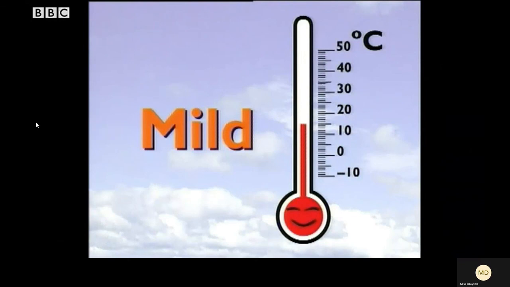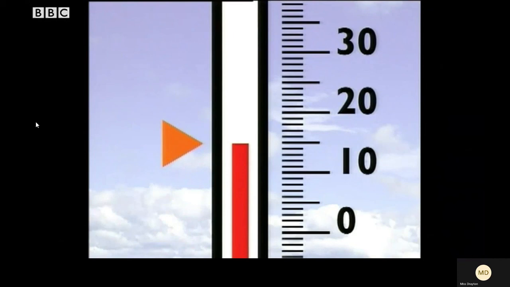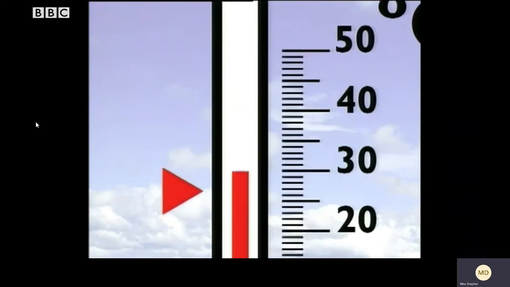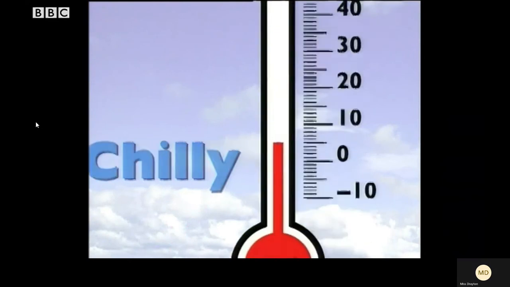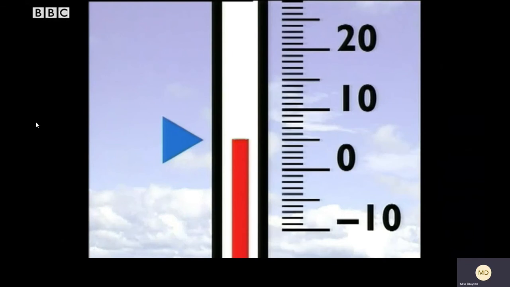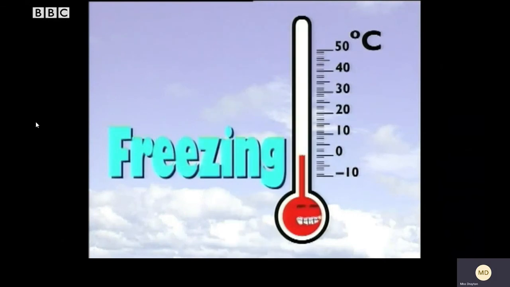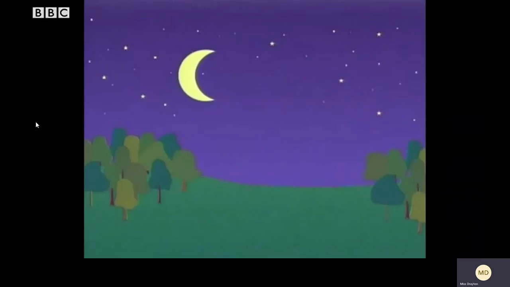Mild. Hot. Chilly. Freezing. So why is the temperature different in different places?